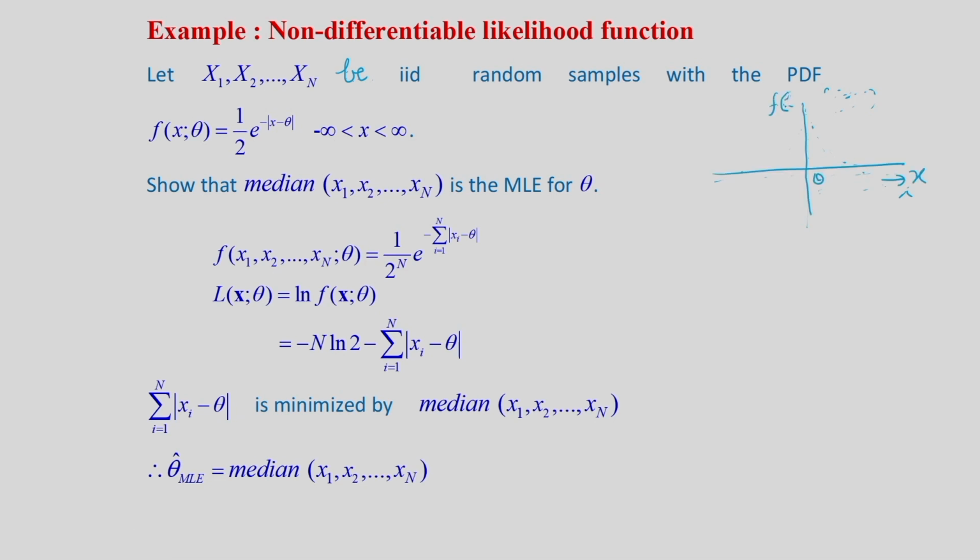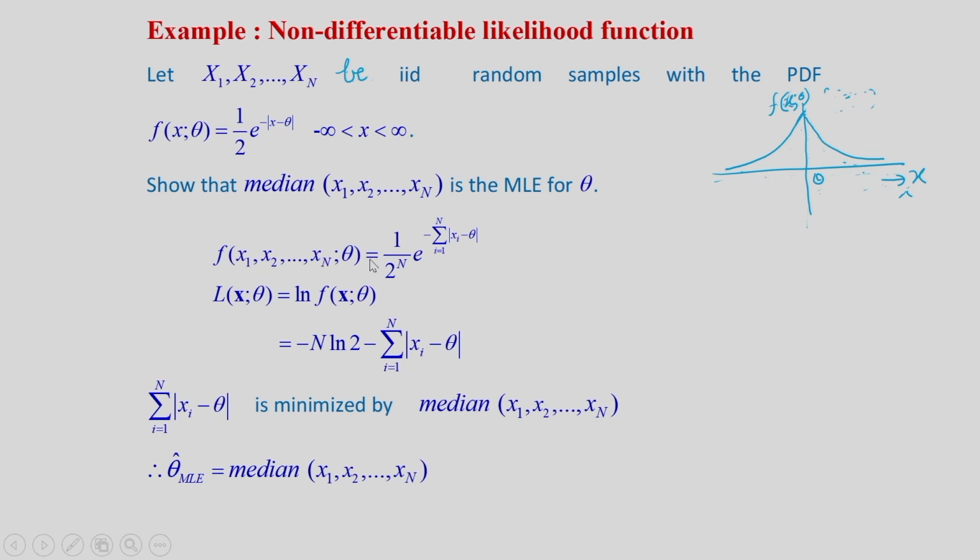So, this is the PDF. It will be distributed like this. Compared to Gaussian, it will have a longer tail and its mean value is at theta. Now, for this distribution, we will show that median of x1, x2 up to xn is the MLE for theta.